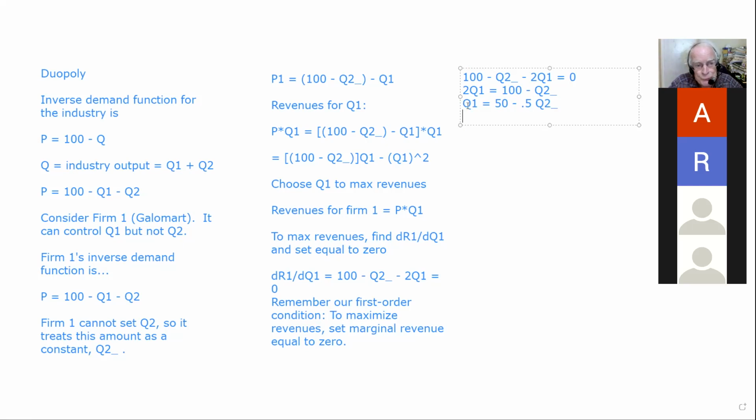The amount that firm 1 produces depends on the amount that its rival is producing. So now let us interpret Q2 as a variable rather than a constant.